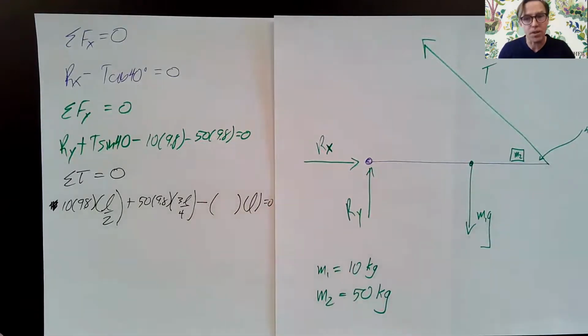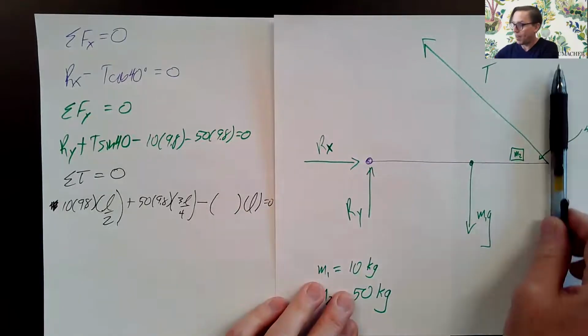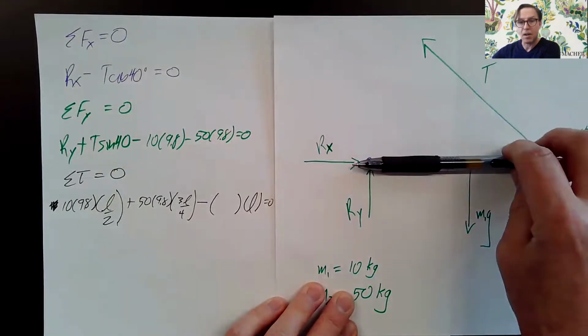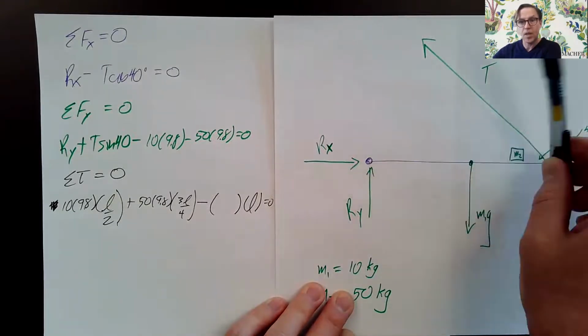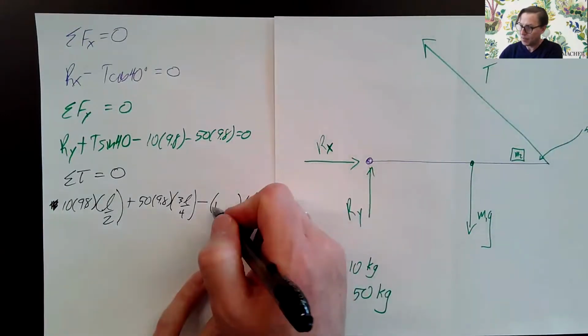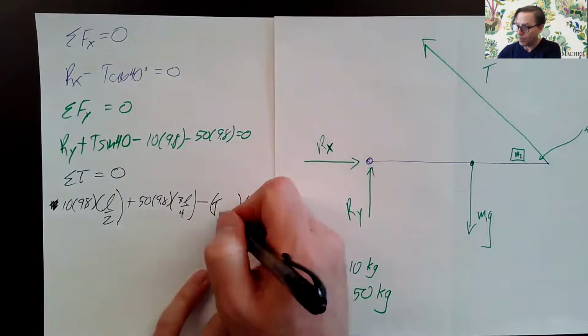For the force, I'm going to break T into components. I've got my T perpendicular, which I'm going to keep, and I've got my T parallel, which I'm going to throw away. So T perpendicular is T sine 40.